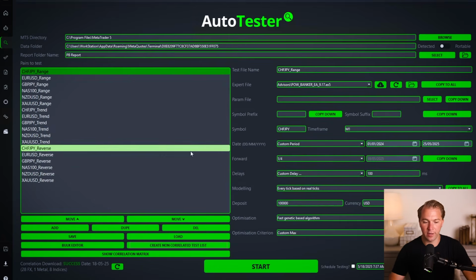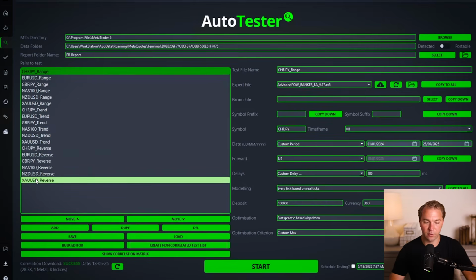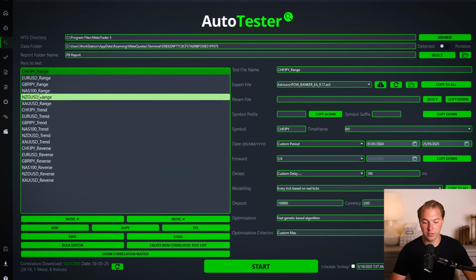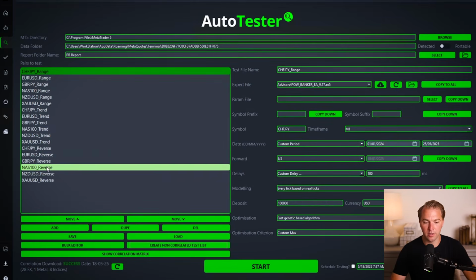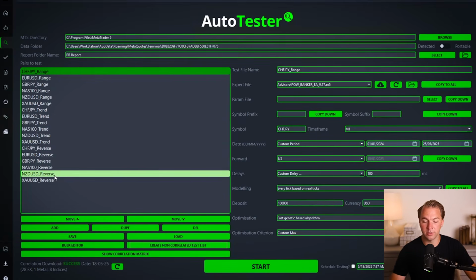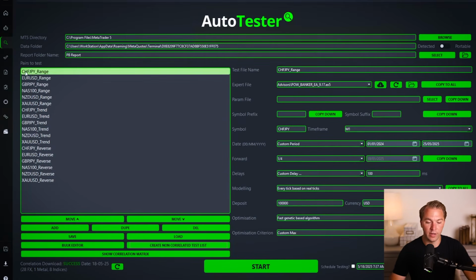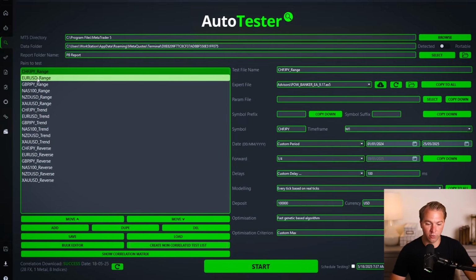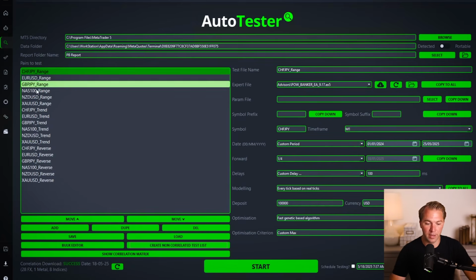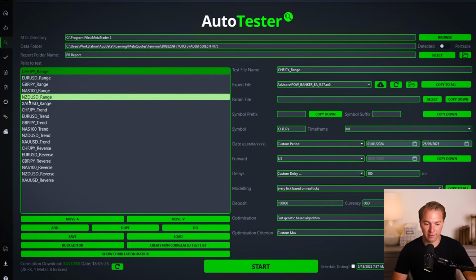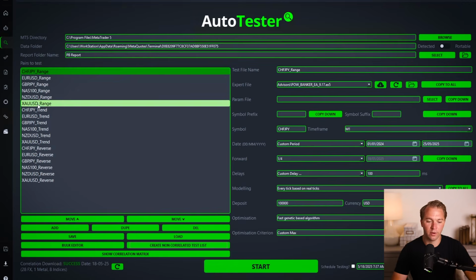As soon as I click OK, here is the list that's created for me. It's got all 3 strategies: range, trend, and reverse, evenly distributed across 6 different pairs. So I've now got an entire diversified portfolio ready to test, just like that, right? And you can see CHF, JPY, Euro USD, Pound Yen, NASDAQ, gold, right?